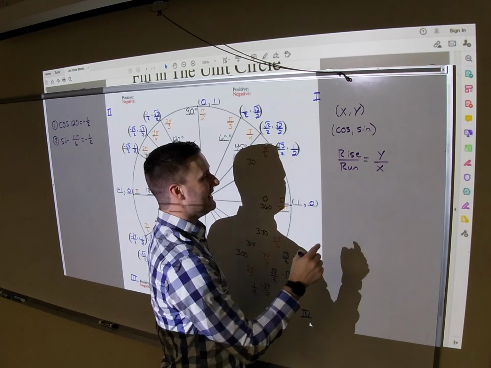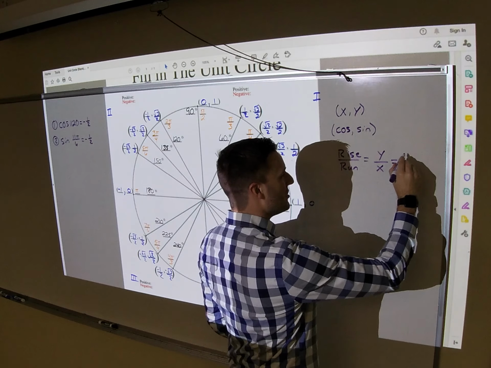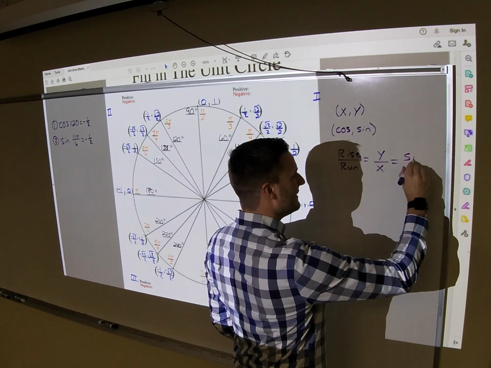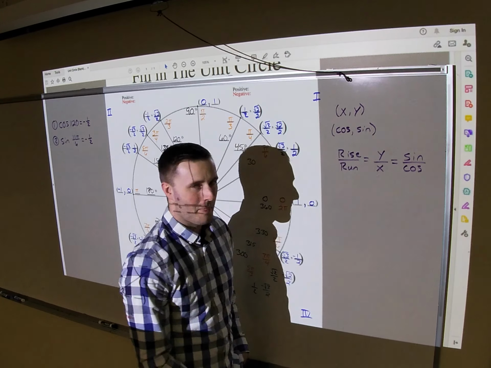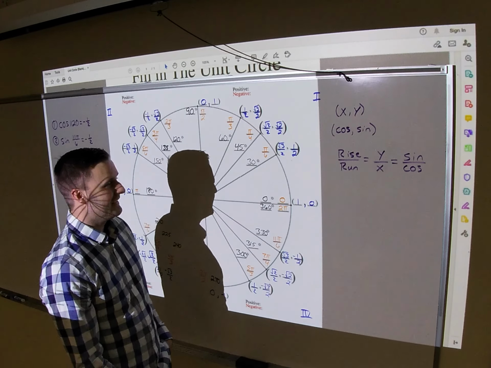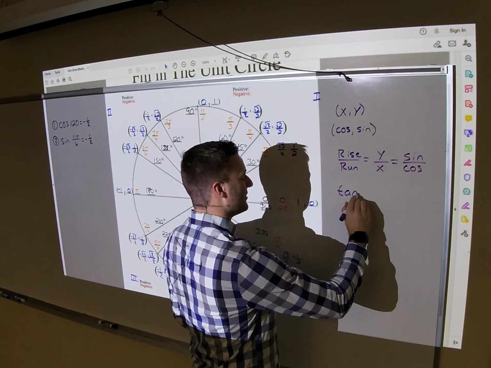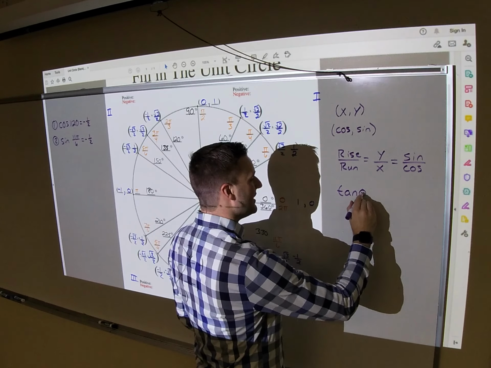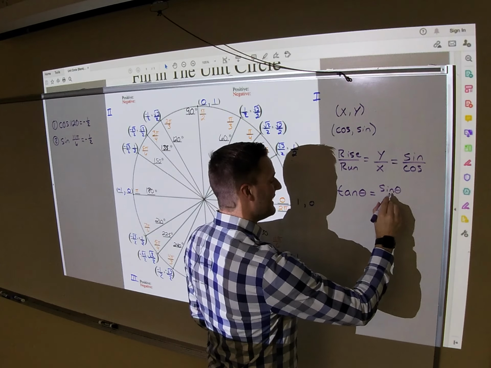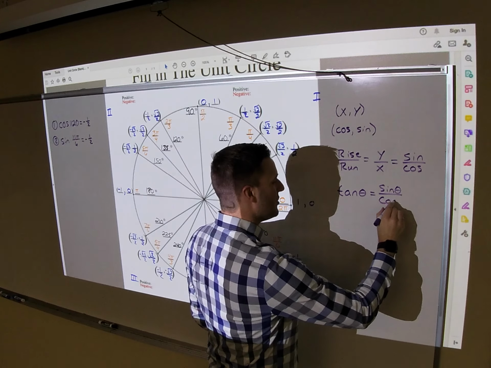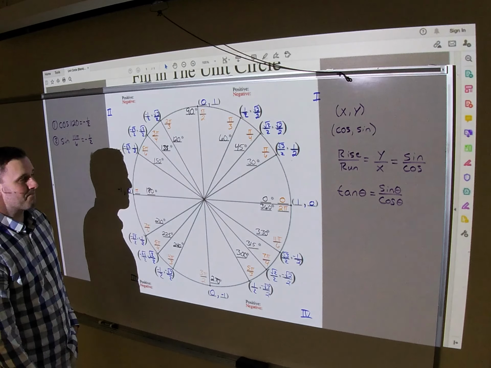What's interesting then, if y is sine and x is cosine, then we could say that our slope is sine over cosine. Now what does that mean? That means that slope is represented by the tangent function. So the tangent of an angle measure is the same thing as the sine of that angle divided by the cosine of that angle. It would be the rise over run.